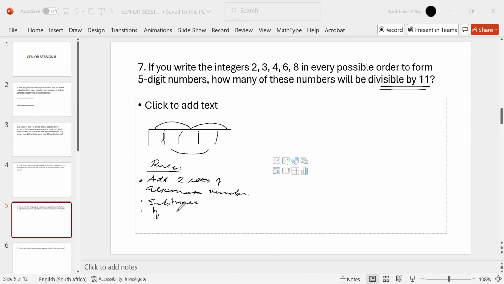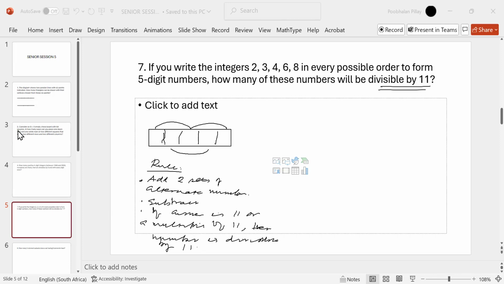If the answer is 11, or in general, a multiple of 11, could be 11 or 22, or even 0, then you can conclude the number is divisible by 11. So that's the rule.